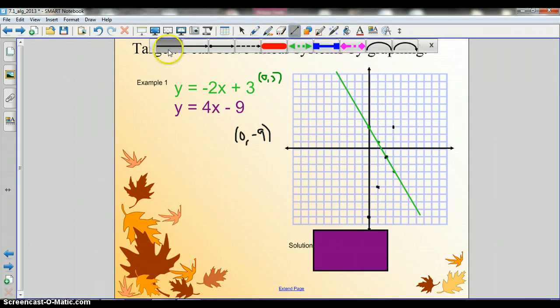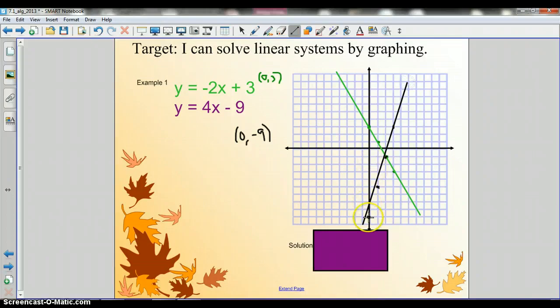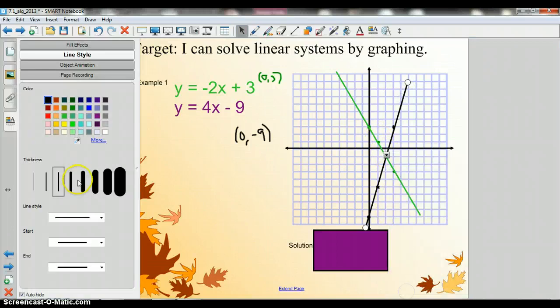I'm going to go ahead and connect those points with, again, a nice straight edge, trying to be as accurate as possible. To be really careful. Okay, I'm going to color my line purple to match the equation. There you go.